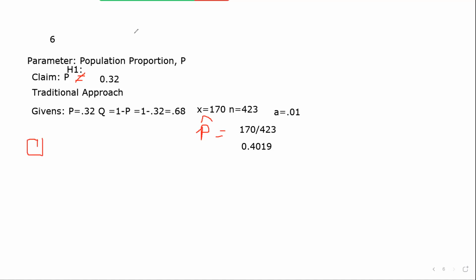We're going to say that H0: P is equal to 0.32. We don't have a statistical equivalent here because that is the equivalent. H1: P is not equal to 0.32.